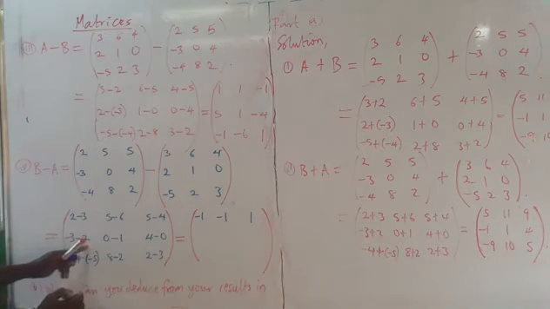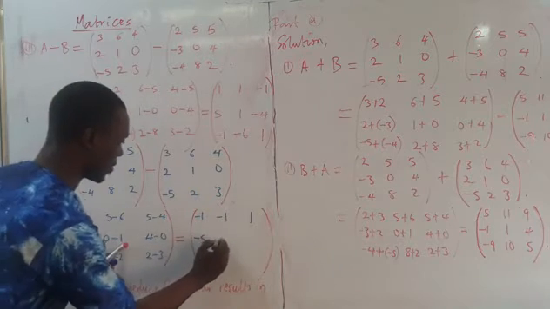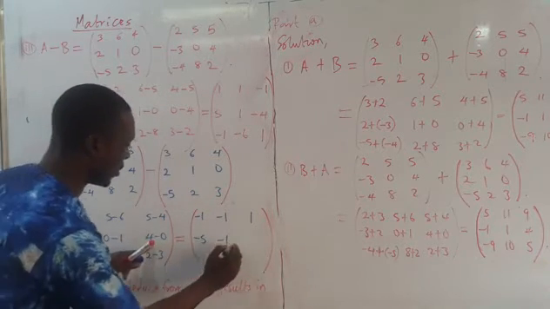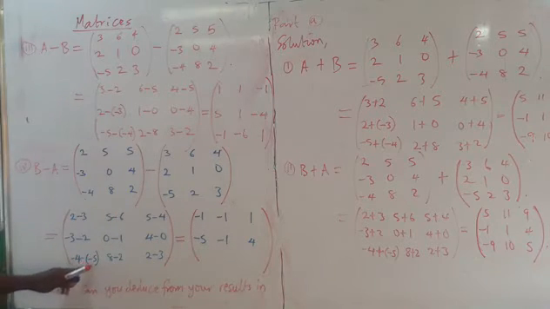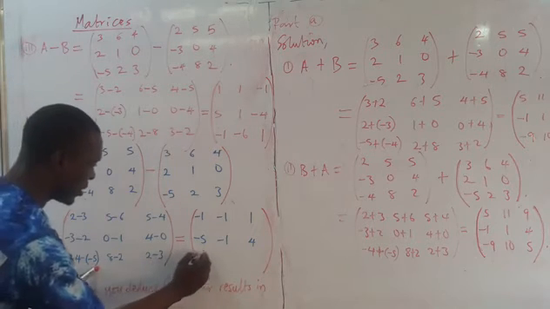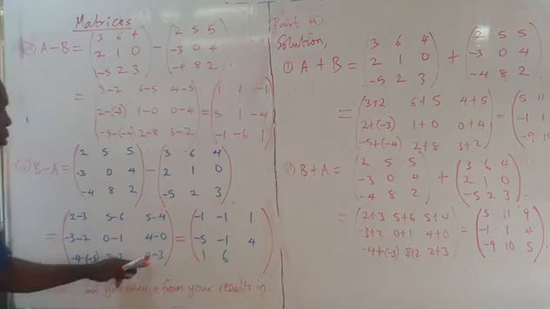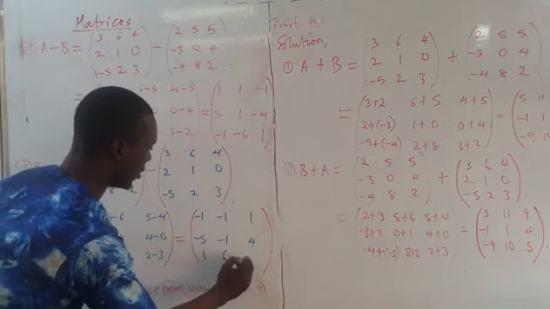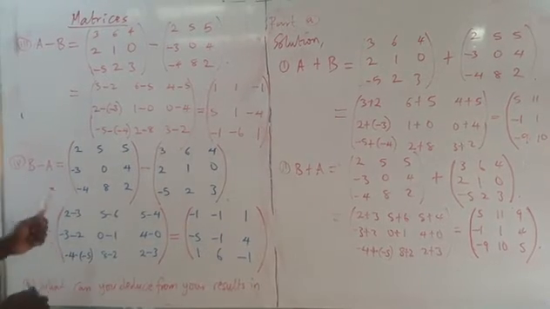Minus 3 minus 2, that's minus 5. 0 minus 1, that's minus 1. 4 minus 0, that's 4. Then the last row, minus times minus is plus. Minus 4 plus 5, that is 1. Then 8 minus 2, that's 6. Then 2 minus 3 gives us minus 1. So that is the solution to B minus A.